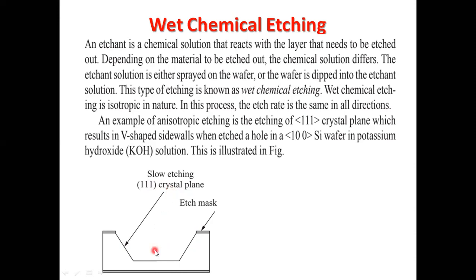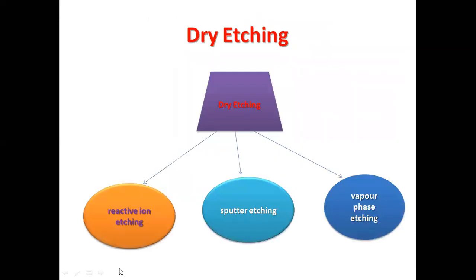Okay. Now let us see the next slide, that is the dry etching. Dry etching is of three types: reactive ion etching, then sputter etching, and vapor phase etching.